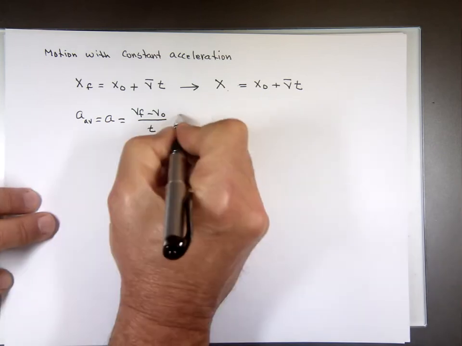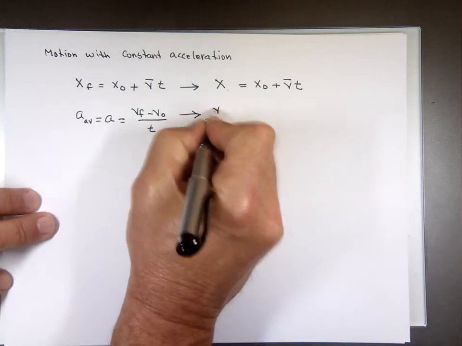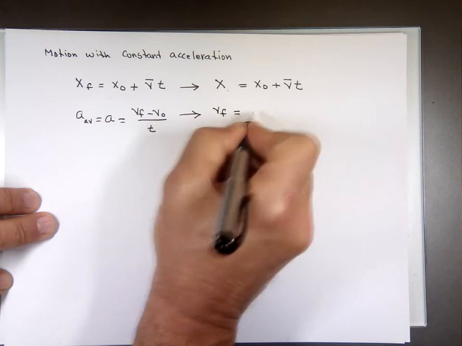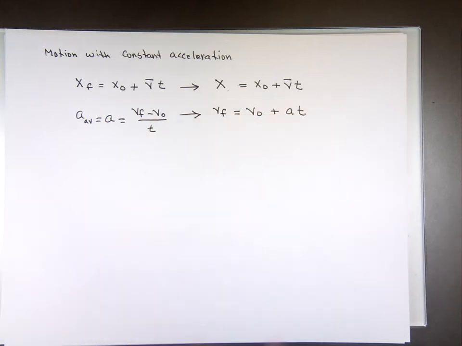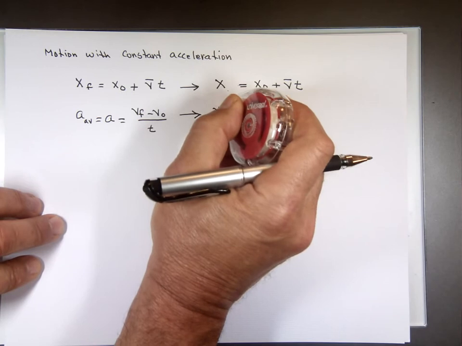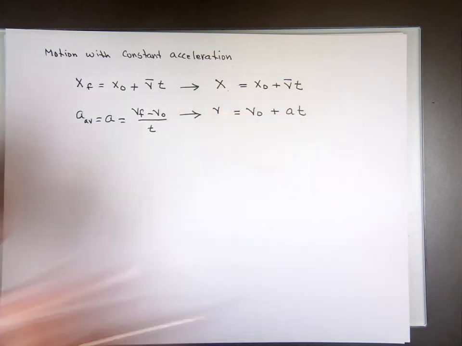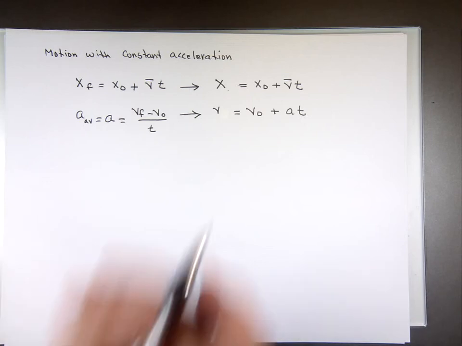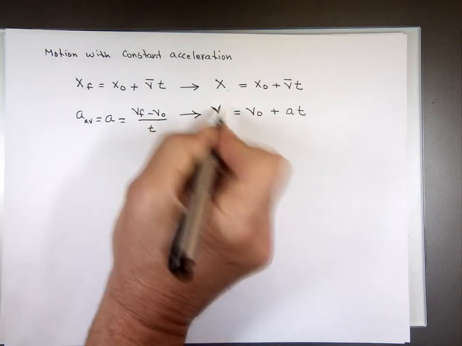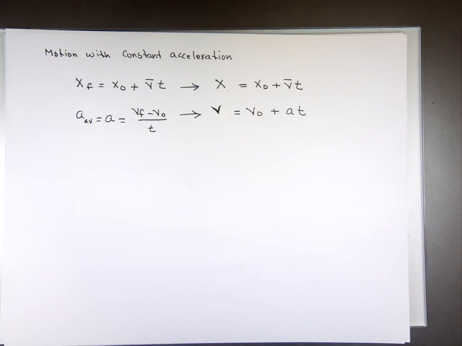We can write that equation as v final equals v0 plus at. Again, if I don't put a subscript with final, just v, that implies final. So if you don't see a subscript for x, that's x final. No subscript for v, that's v final. There's two equations.